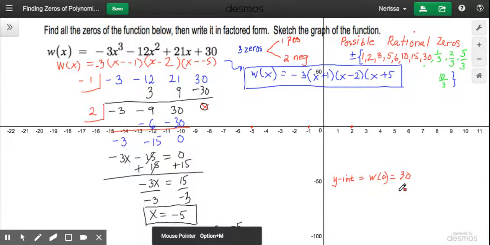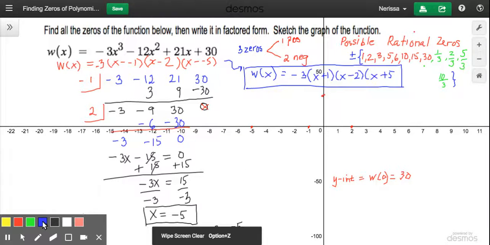Okay, so the y-intercept is 30, and so where are we going to put 30? So this is 50. So maybe 1, 2, 3, 4, 5. So maybe 1, 2, 3. Maybe 30 is going to be probably here. Okay, so now these are the important points in the graph.